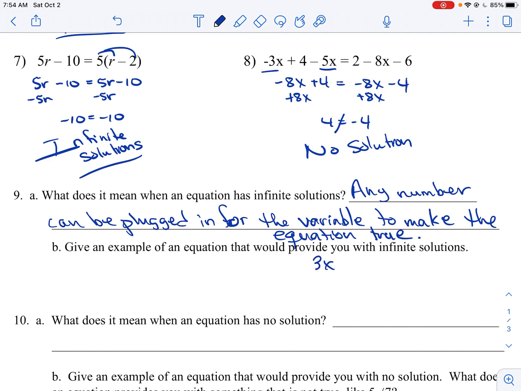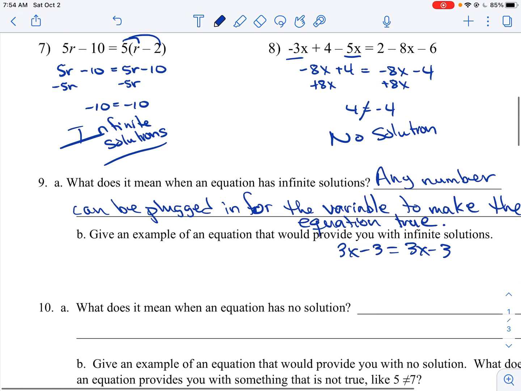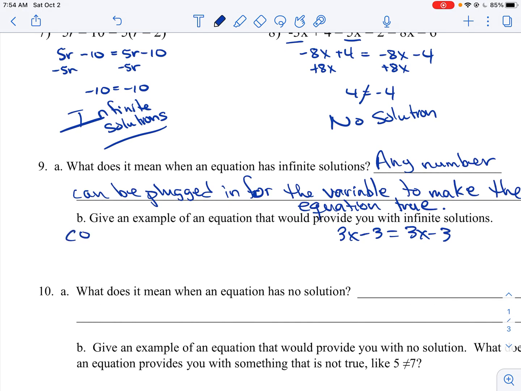So 3x minus 3 equals 3x minus 3. It's the exact same thing on both sides of the equal sign. And hopefully you notice the coefficients are the same. The constants are the same.